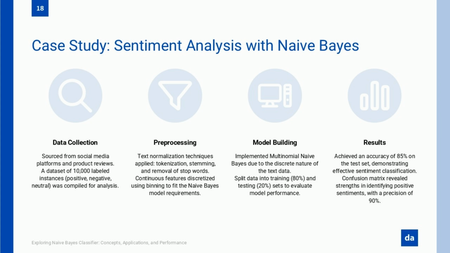This highlights one of its limitations. Since it treats each word as independent, it doesn't fully capture the relationships between words. Despite this, naive Bayes remains a popular choice for large-scale sentiment analysis due to its speed, simplicity, and ability to handle high-dimensional data.